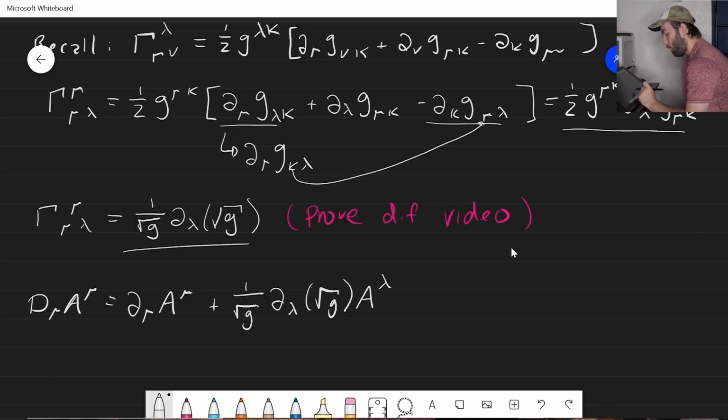Now we're summing over lambda. That's a dummy variable. From the beginning of this series we saw that, I understand it's confusing, but you can always relabel an index if it's being summed over. So I'm going to relabel this lambda to a mu. There's no lambda dependence, and there's no mu dependence on this stuff either because we're summing over it. We can name it whatever we want. So I'm going to relabel these lambdas to mu's.